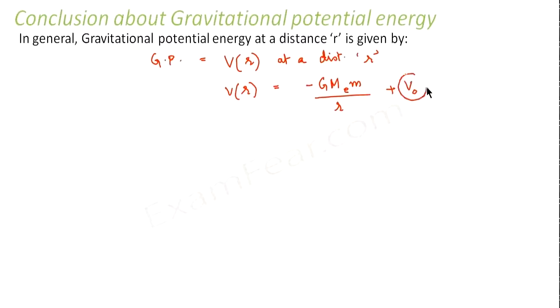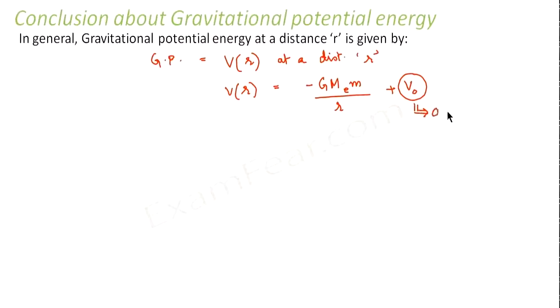What is this V naught? V naught is the zero of gravitational potential energy. I mean the baseline of gravitational potential energy, where we consider that at this point the gravitational potential energy is equal to 0. Now this can be anything. Most of the time we consider that the gravitational potential energy on the surface of the earth is 0.